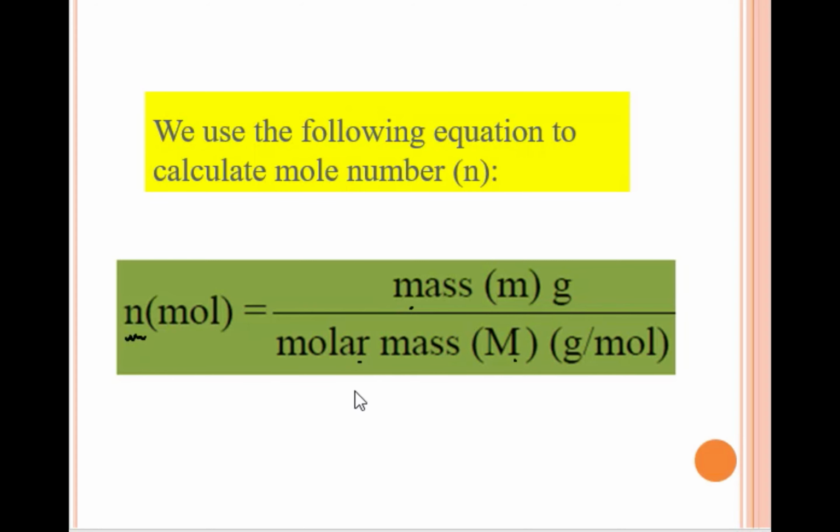Gram atomic mass is given in the periodic table for each element. It is the total number of protons and neutrons for the atom. For molecules, molar mass is equal to the sum of the atomic masses of the elements in the molecule.